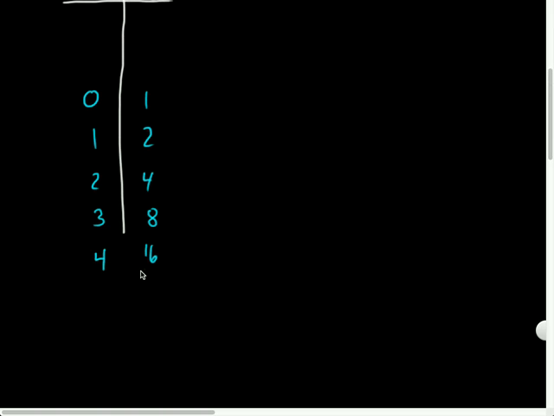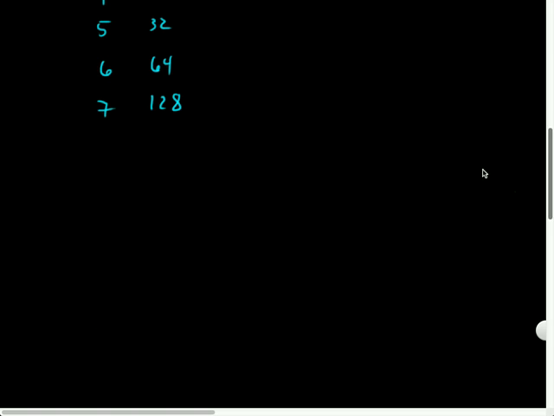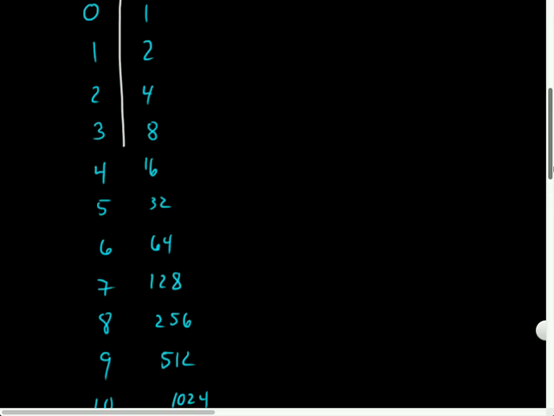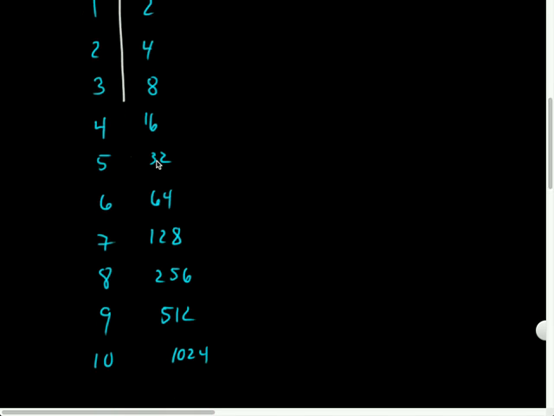So this would be 16, this would be 32, this would be 64, 128, 256, 512, and then 1024, and this is actually doubling in every situation, right? So it's just getting bigger and bigger, faster and faster.